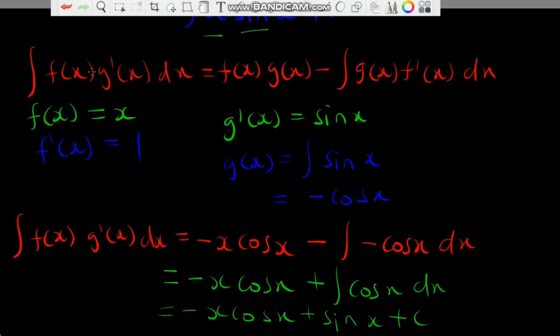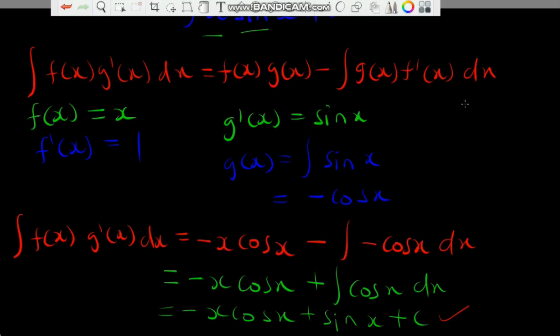Okay, so at the end, this will be our final answer. So now this, what you have here, will be our final answer. So that's how to apply the integration by parts formula.